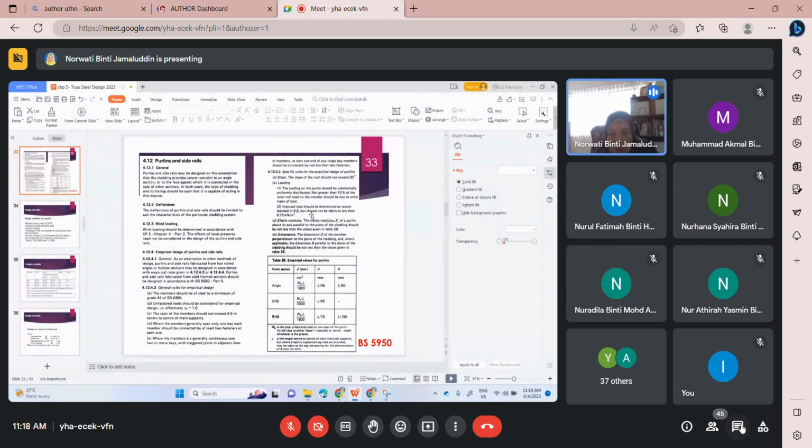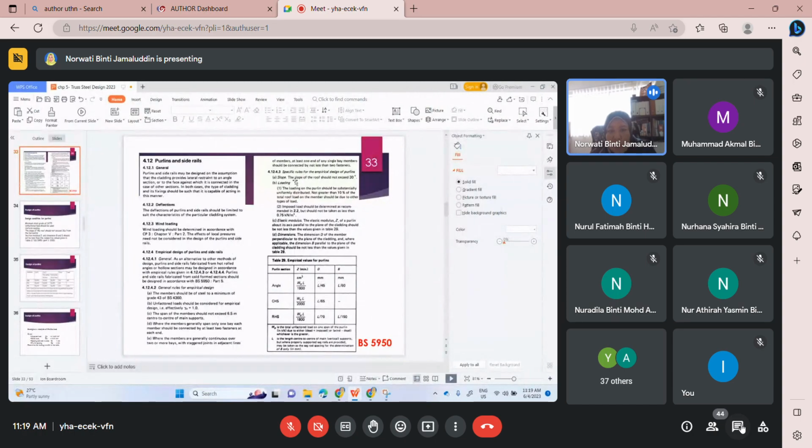Imposed load should be determined but should not be taken as less than 0.75. In this example, the QK is 0.75, which is similar. Then we can use this approach. I think we have another.